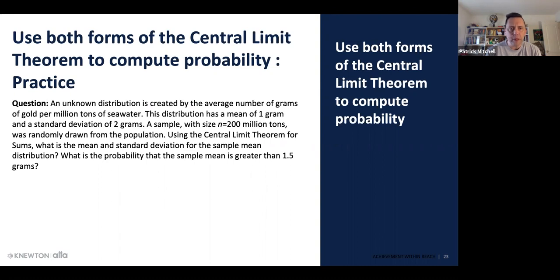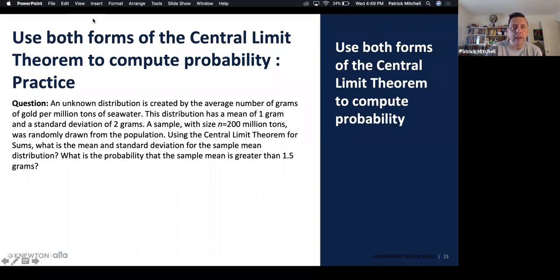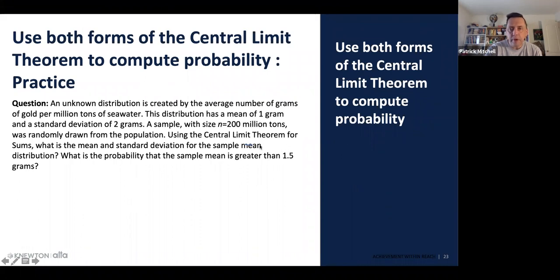Using the central limit theorem for sums, what is the mean and standard deviation for the, and they did it again, sample, that should probably say sample sum distribution. What is the probability that the sample mean is greater than 1.5 grams?